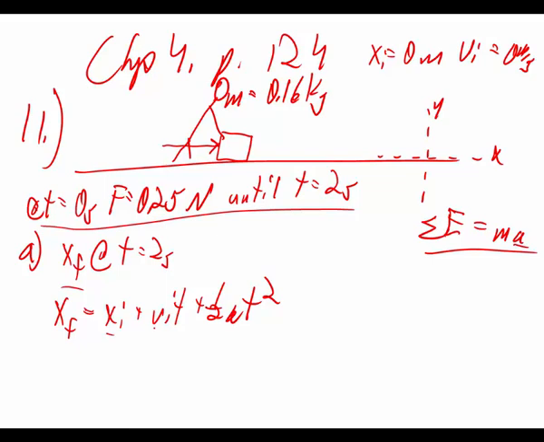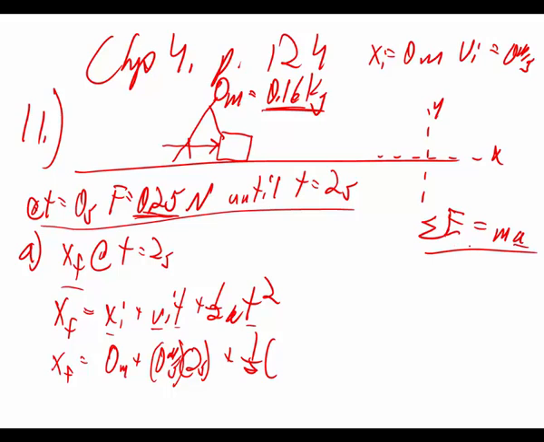We have all this information right here. So we want to find final displacement. We'll plug it in. Initial velocity was 0 times 2 seconds plus 1/2. Now we've got to find acceleration, don't we? How do we find acceleration? Well, it told us the force is this and the mass is that.